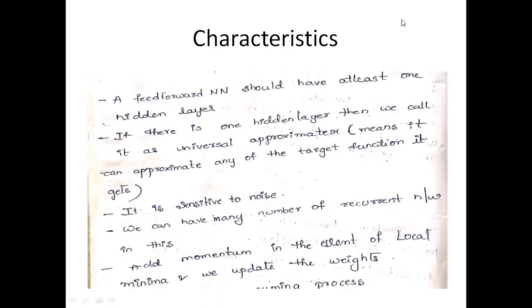And coming to the next slide, here we are going to see the characteristics of multi-layer feed-forward networks. So what is the first characteristic? This feed-forward network should have at least one hidden layer. Okay, this multi-layer network is a combination of input layer, hidden layer, and output layer, isn't it?